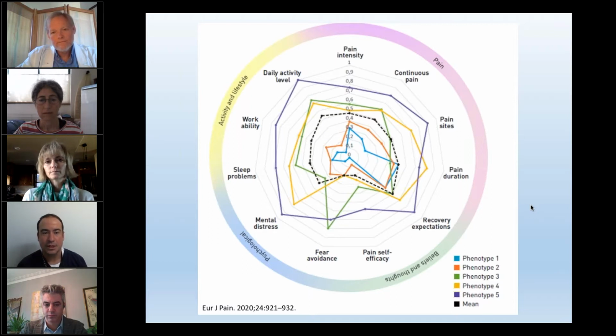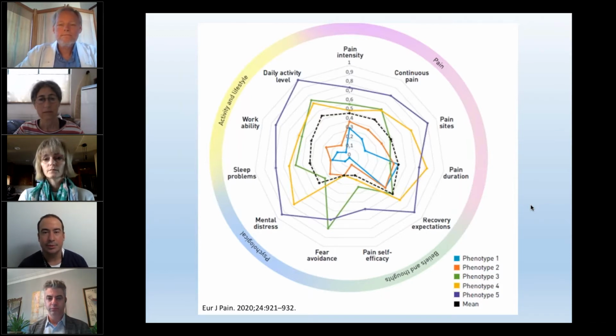What you see in front of you is a graph representing patients who suffer from acute to chronic pain, or patients that recover. If you compare two different phenotypes, phenotype 1 is that little blue circle in the center. These are patients who get better from an acute pain episode, and you can see this cluster of people, regardless of pain location, whether it's low back or knee or what have you, suffer from lower pain intensity, shorter pain duration, they have better recovery expectations, they're less distressed, they sleep better, and they're more physically active.